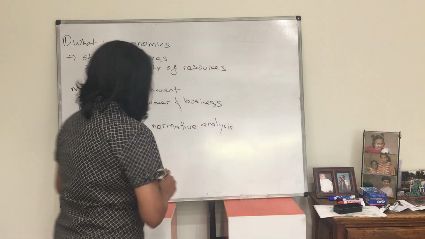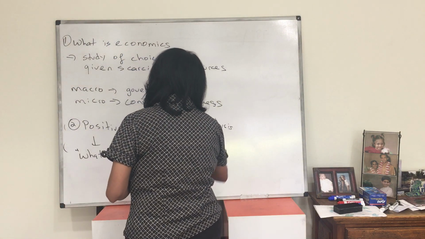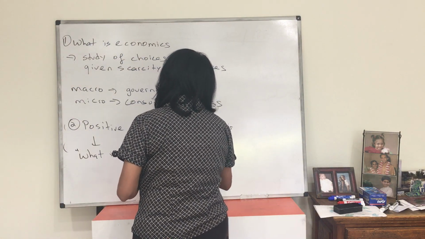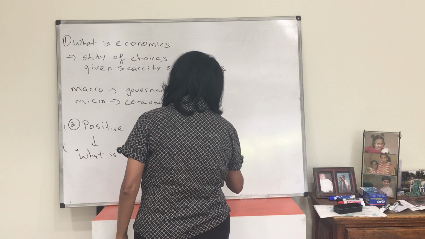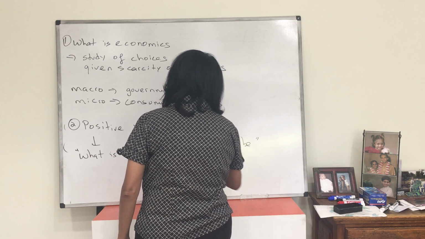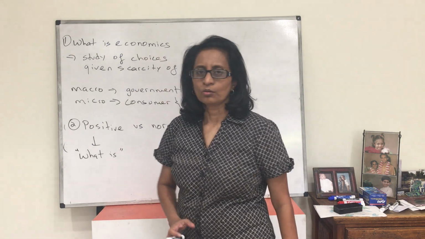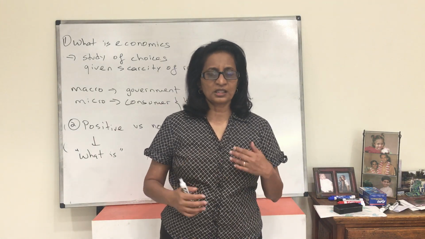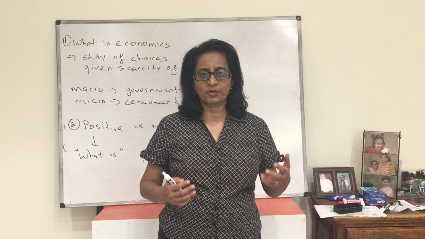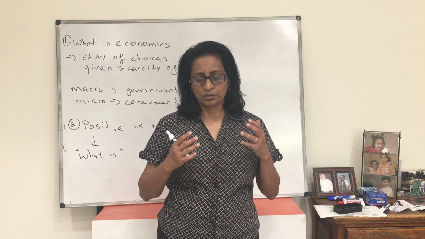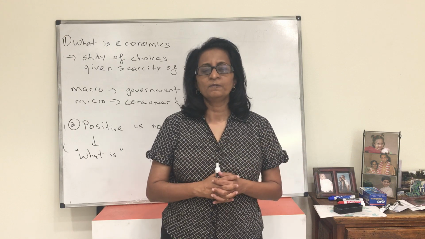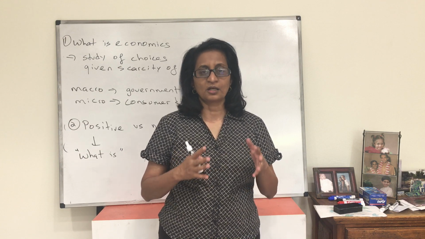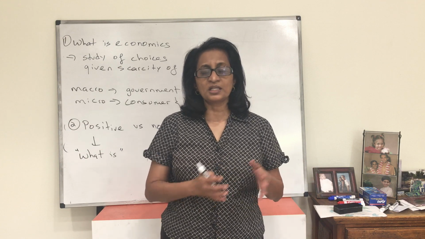Okay? Normative is what should be. So, if the unemployment rate is 10%, and of course, at the time you watch this video, the unemployment rates are different, so I'm just making a hypothetical analysis here. Let's say the unemployment rate is 10%, you would say it is 10%.